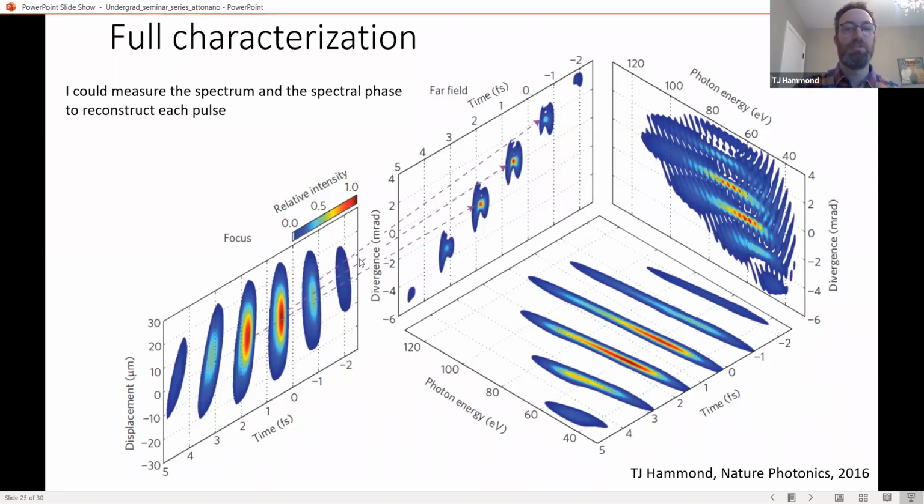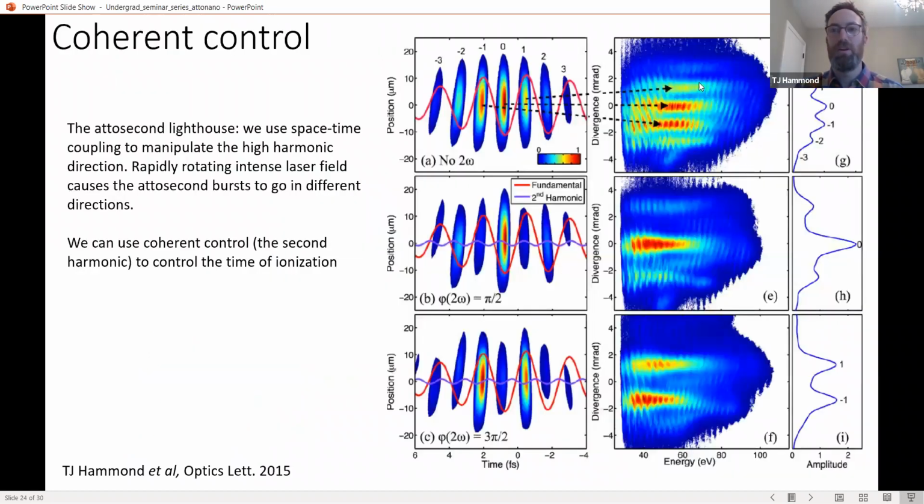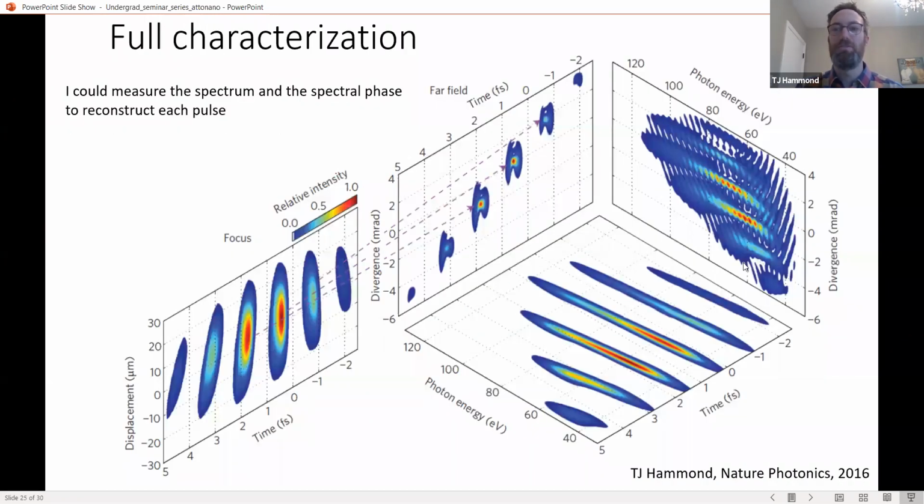So these earlier pulses go upwards, and these later pulses go downwards. You can look at these in terms of the spectrum, just like what I showed here. It's just a reversed image over here. We can also characterize these things to look like these chirped bursts, which I thought was kind of cool. And we can use each of these pulses for an attosecond pulse.